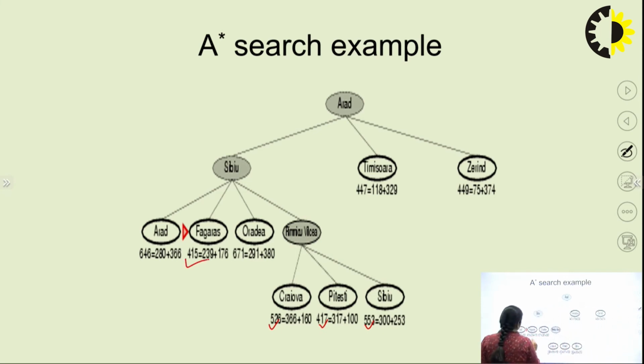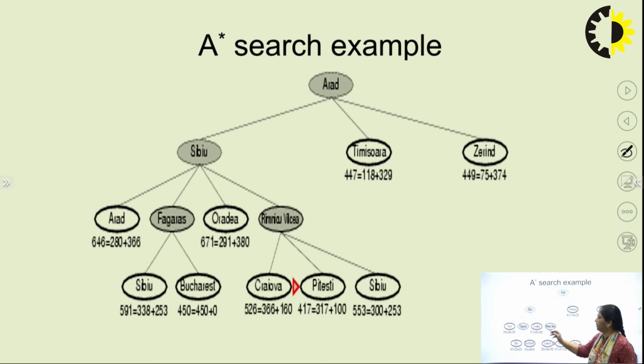That is Fagaras, 415. 415 is the minimum value that is present on our fringe till now. So we will take for expansion the next node, that is Fagaras. So this is our next node to be expanded.